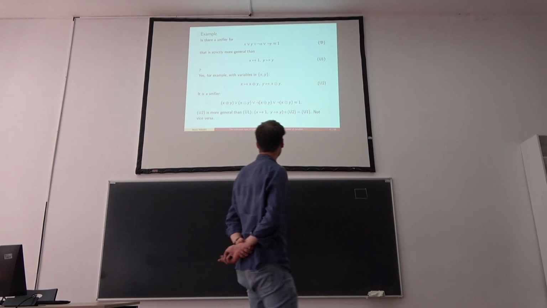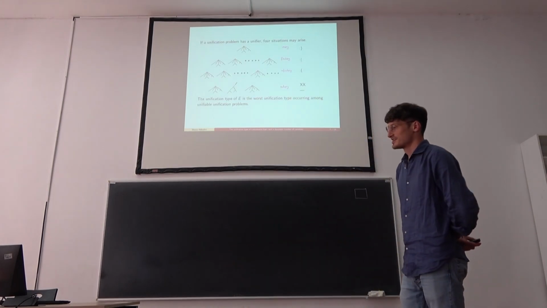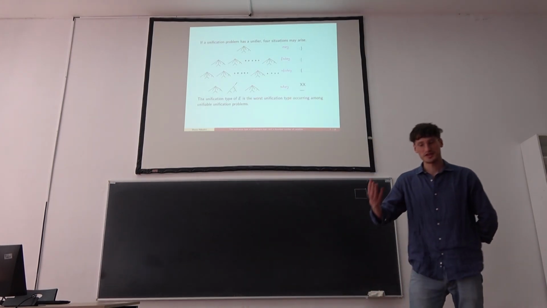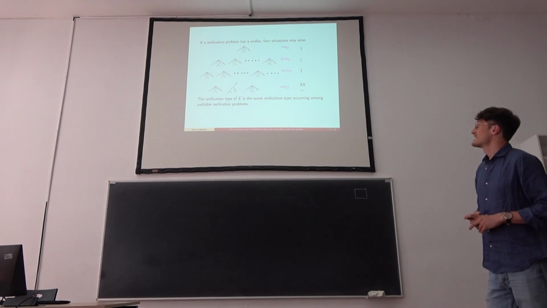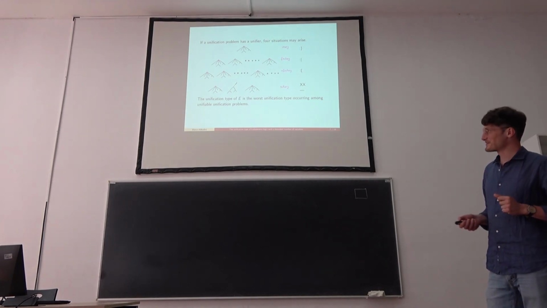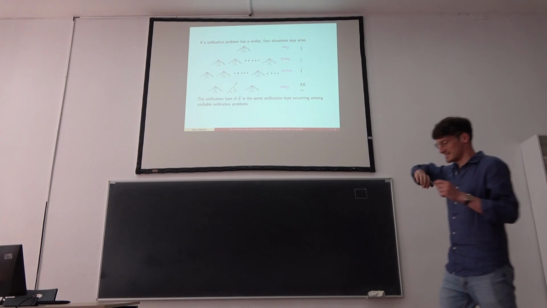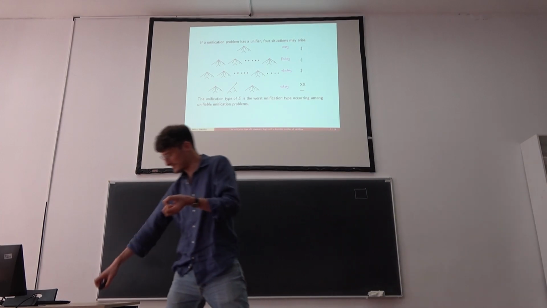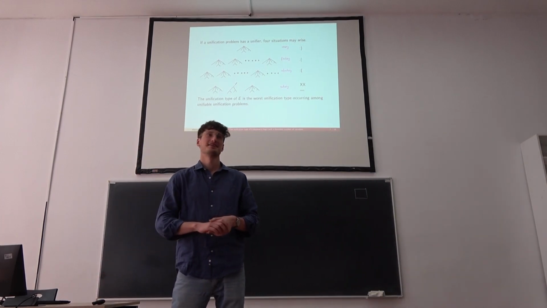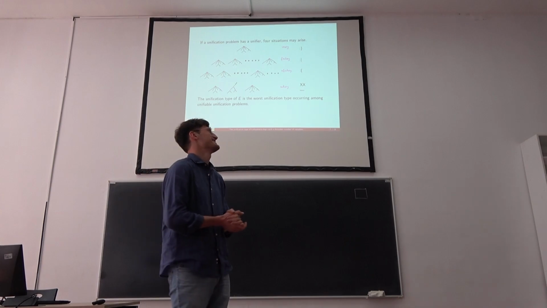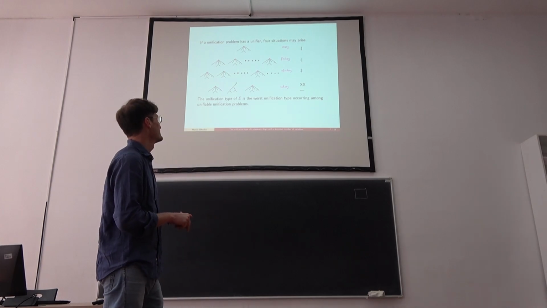Alright. So if a unification problem has a unifier, then four situations may arise. The best one is if there's a most general unifier. In this case the problem is called unary.